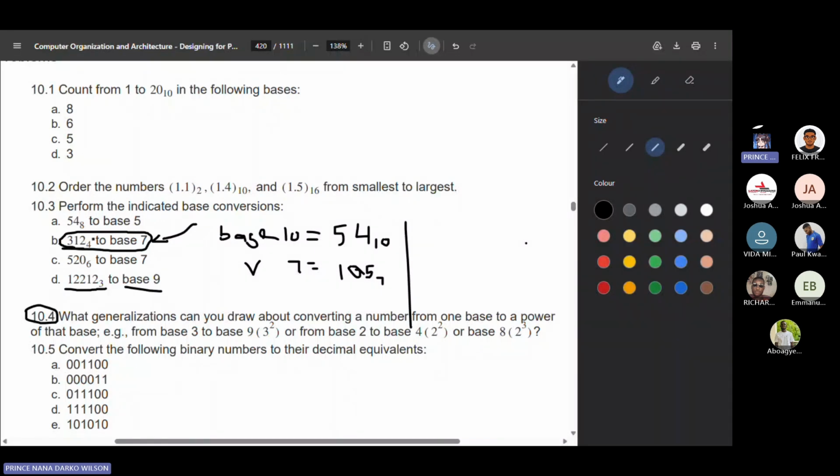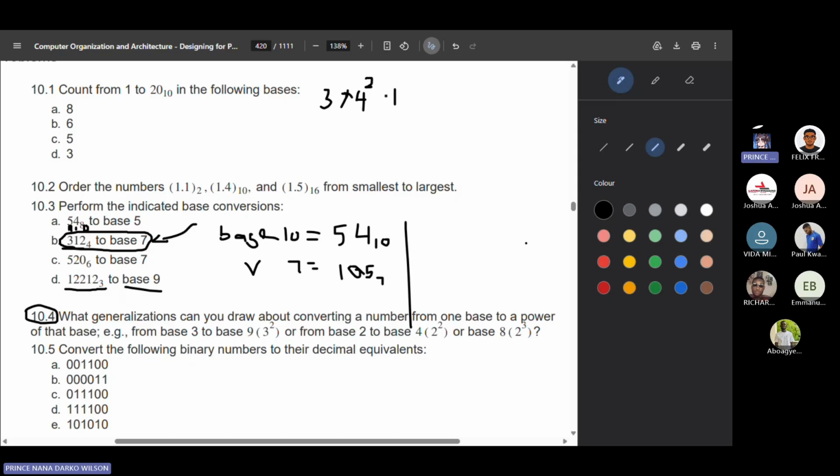If I change 312 to base 10, since it's in base 4, it's just going to be 3 times 4 raised to the power 2. That's the weight of 3. The idea is this is 4 raised to the power 0, then 4 raised to the power 1, and then 4 raised to the power 2. We know how that works already. So this is 3 times 4 squared.